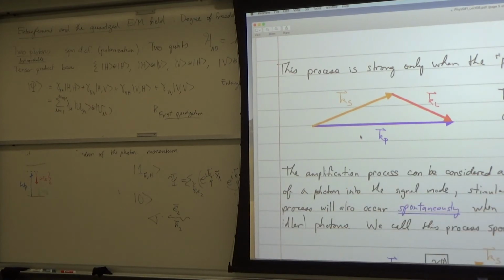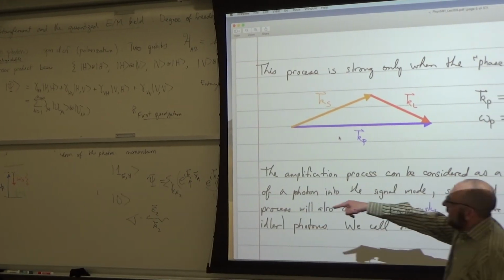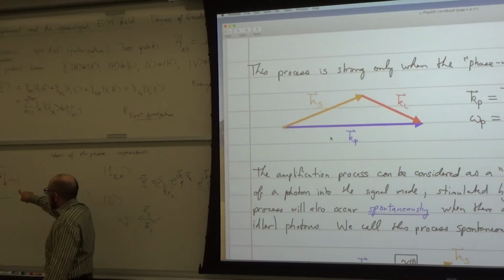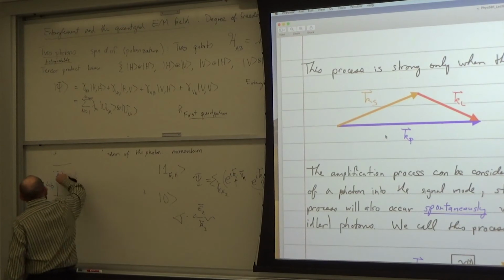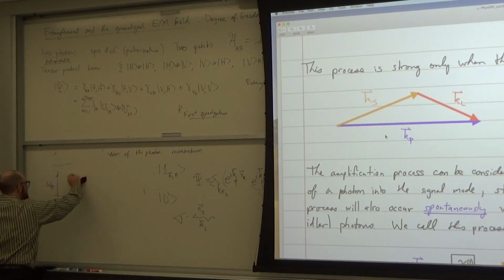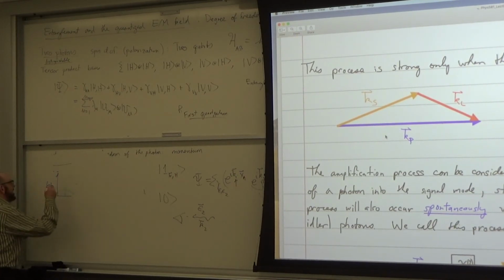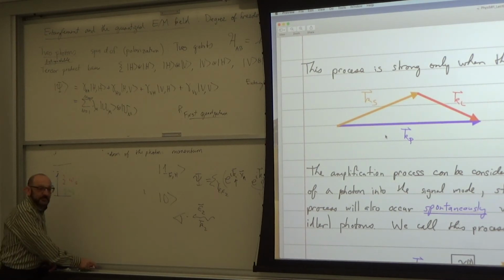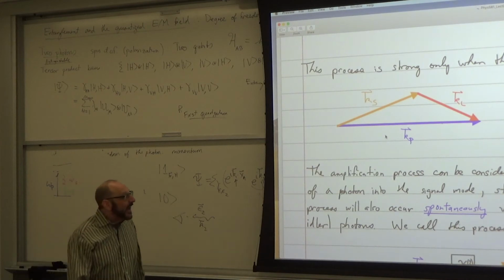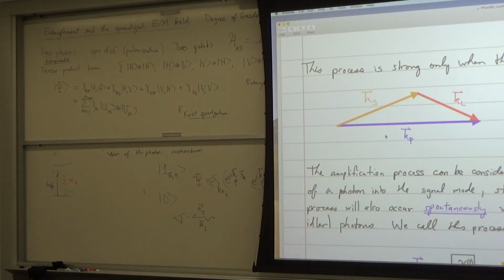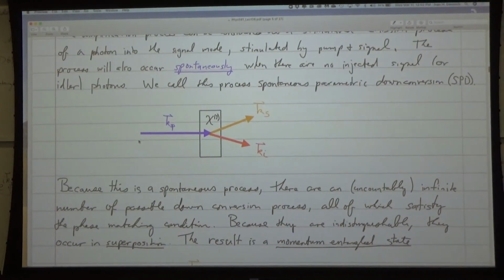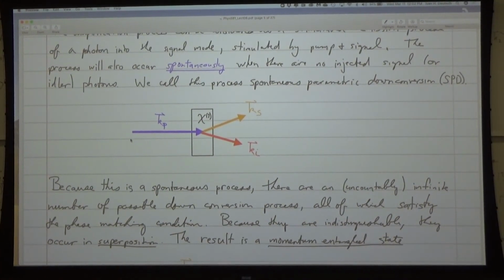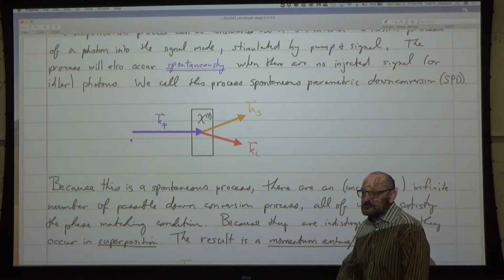All right, so that's stimulated parametric amplification. But suppose I didn't put in a seed signal. Then I can spontaneously generate these pairs of photons, and that is known as spontaneous parametric downconversion, okay?